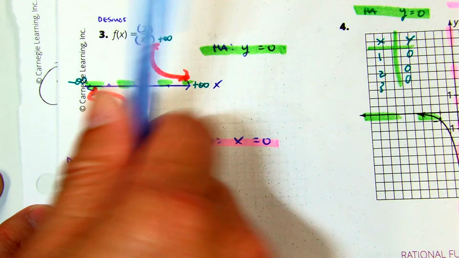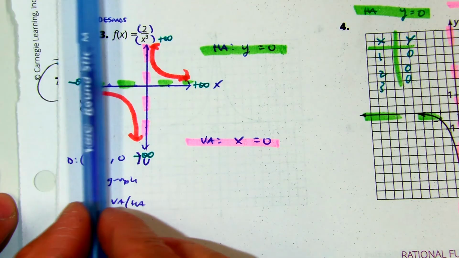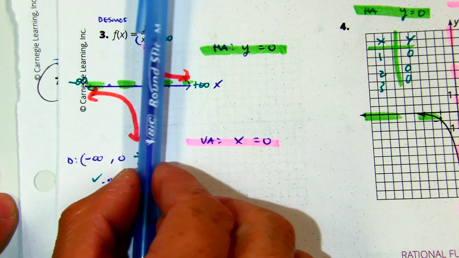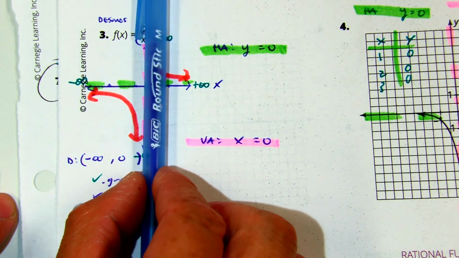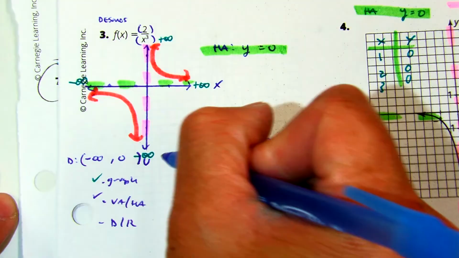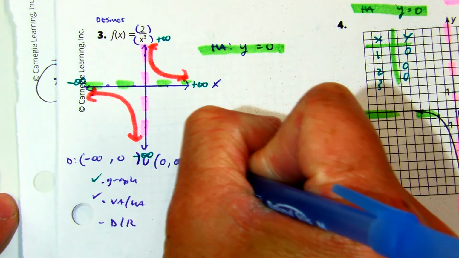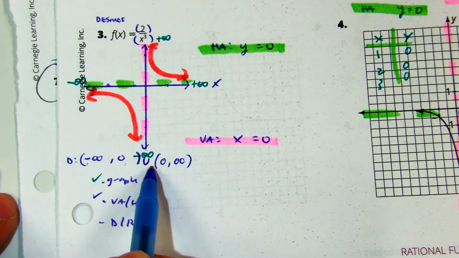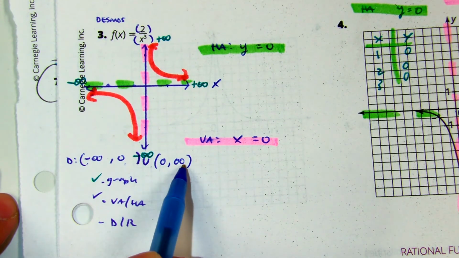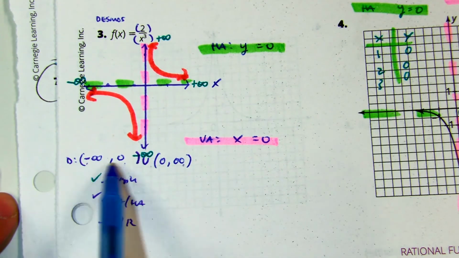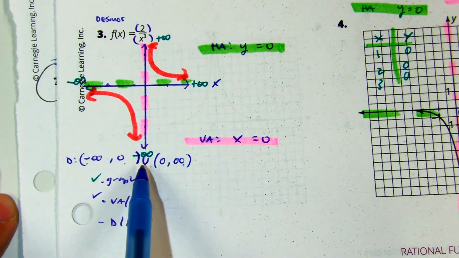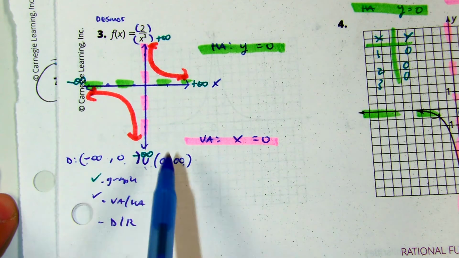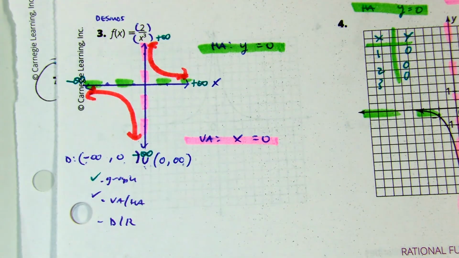So as I go from the left side, this is negative infinity to 0. And on this side, as I go from left to right, I have the graph here at 0, and the graph keeps going to positive infinity. My domain is negative infinity to 0, union 0, infinity. Okay? This is basically a fancy way of saying don't include 0. This is interval notation, so hopefully, I think we talked about that earlier this year.